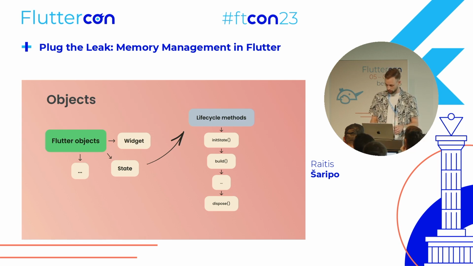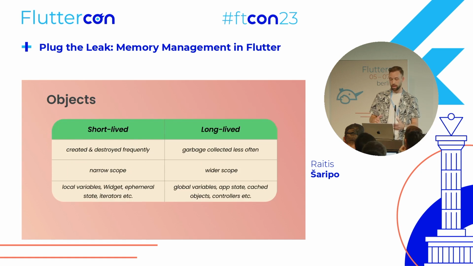So just as an example, and based on their lifespan within the app, we can distinguish short-lived objects and long-lived objects. Short-lived objects are objects that are created and destroyed frequently throughout the execution of the app, and most of the time they are local variables defined within the scope of the functions, iterators.